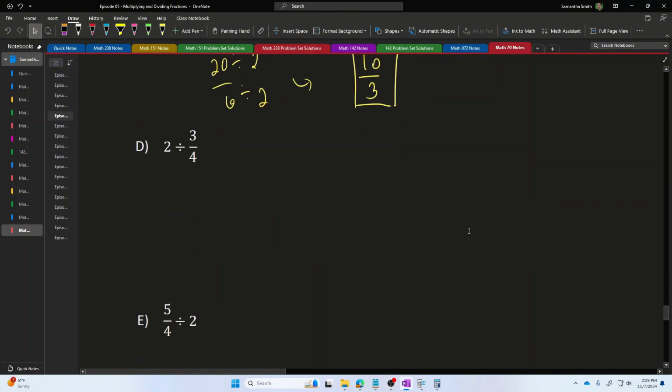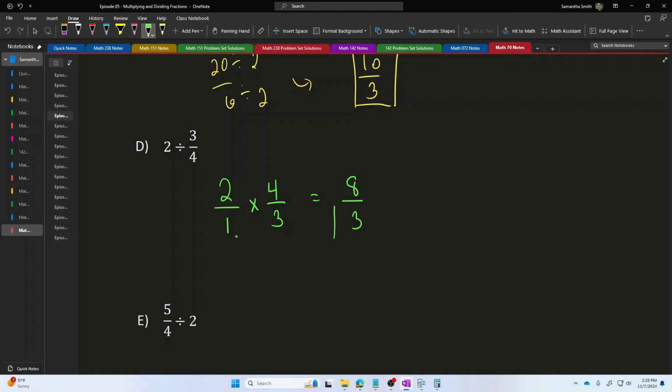And someone says to me, what is 2 divided by 3/4? I can think of 2 as 2/1. Change the operation, flip the second fraction. 2 times 4 is 8. 1 times 3 is 3.